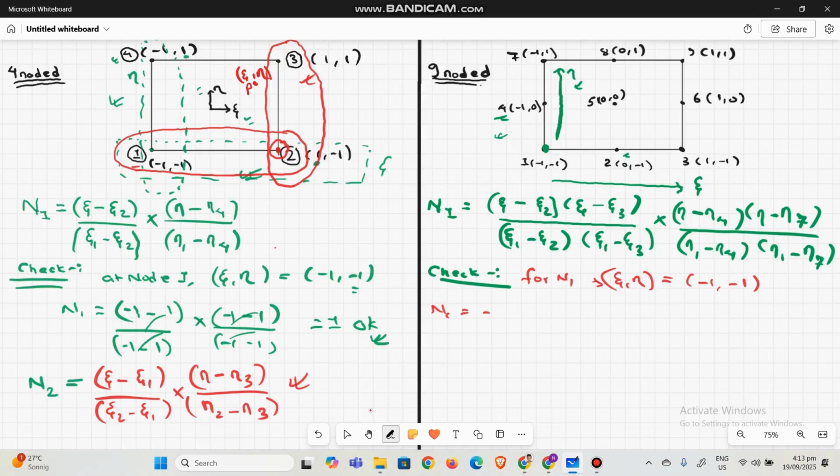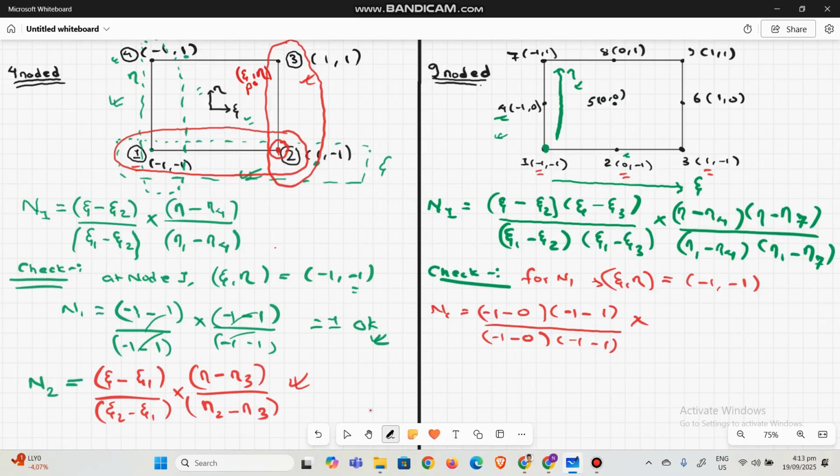So xi is -1 minus xi2, which is 0, and again xi is -1 minus xi3, which is 1, divided by xi1, which is -1, minus xi2, which is 0, then -1 minus 1, because xi3 is also 1.